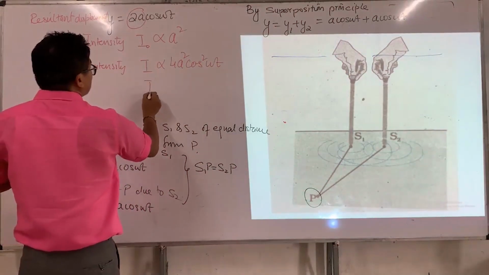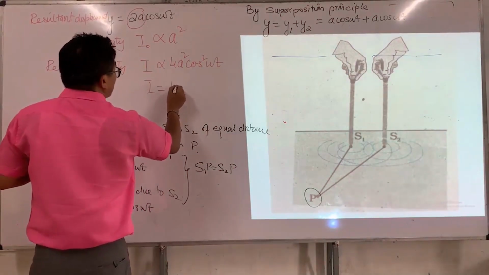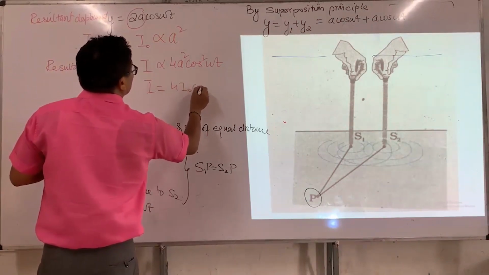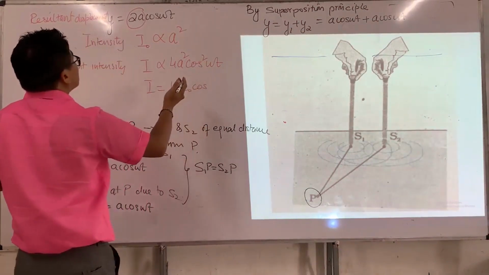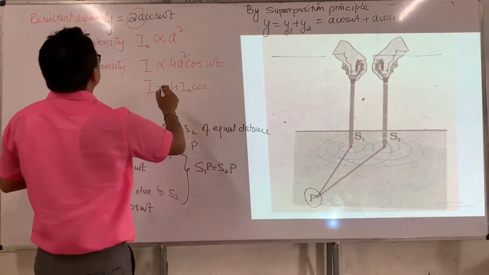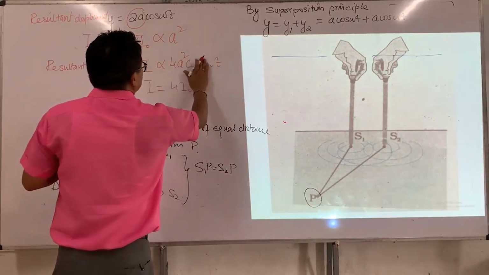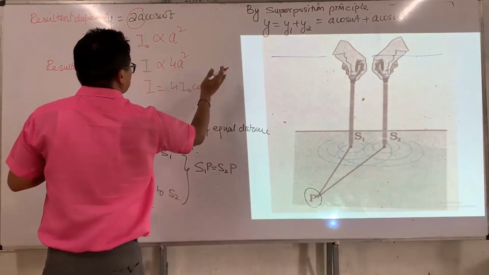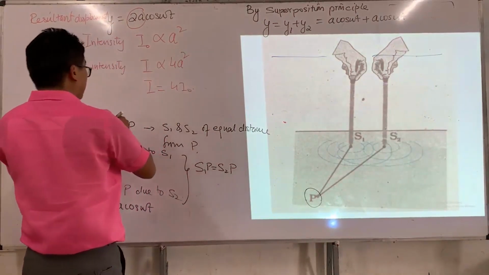So this is what we call 4I naught cos square.